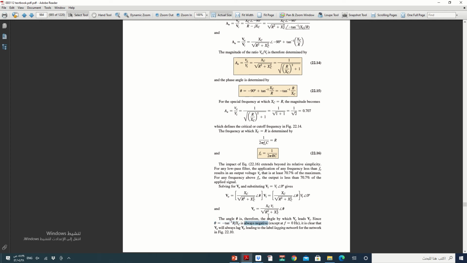This means this quantity will be with a negative angle and our input with 0 angle, so the output will always lag the V input.